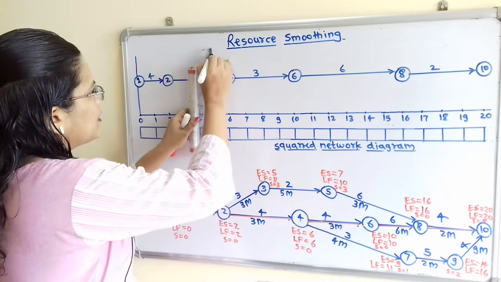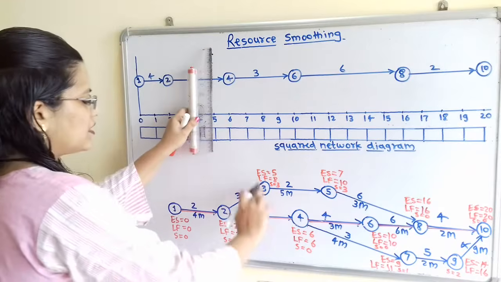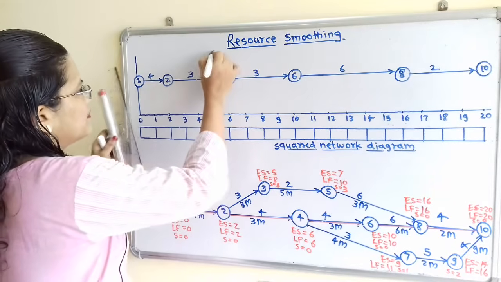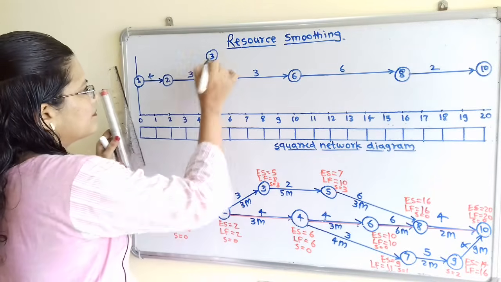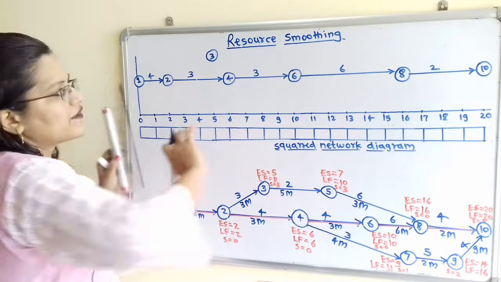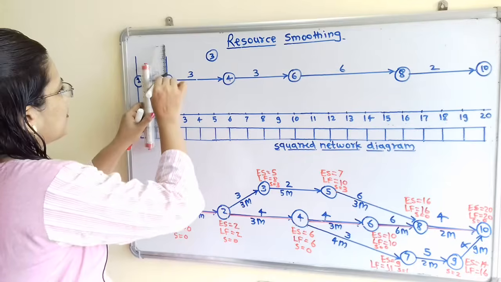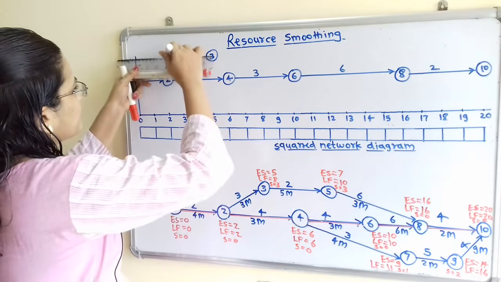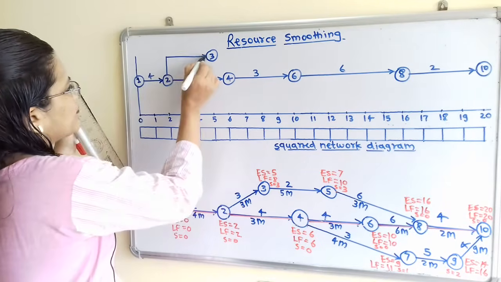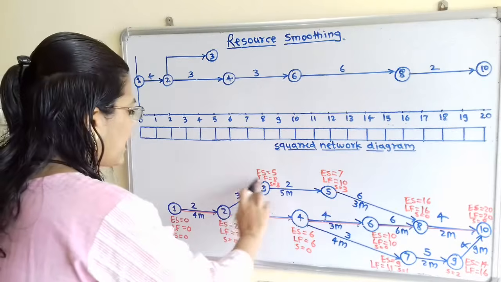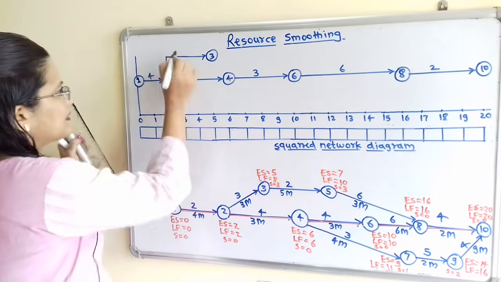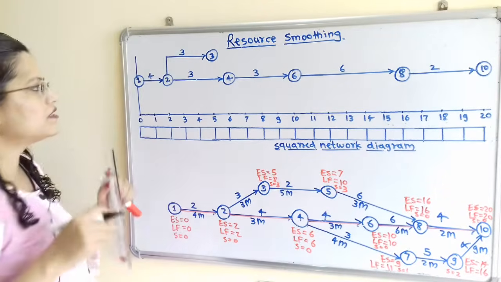So I will show here, there is this node 3. So this is the squared network diagram. So we have to show it with this square. And for the resources, 3 mains. So I will show here 3.